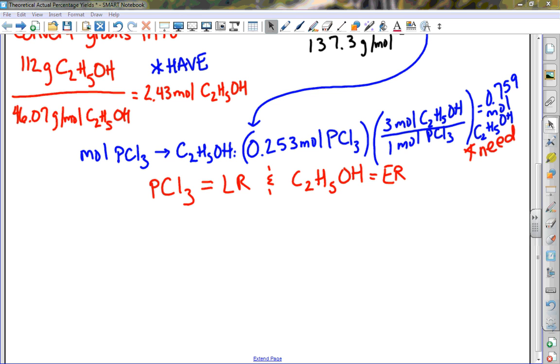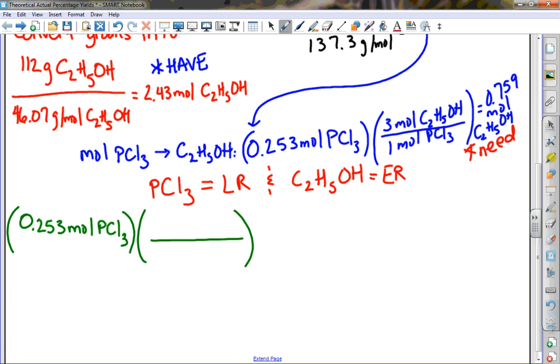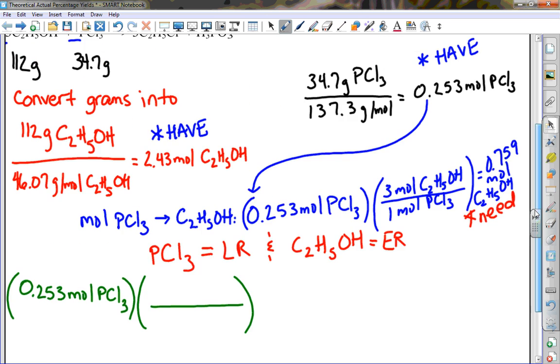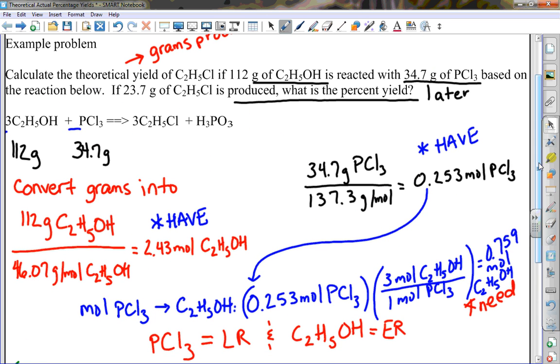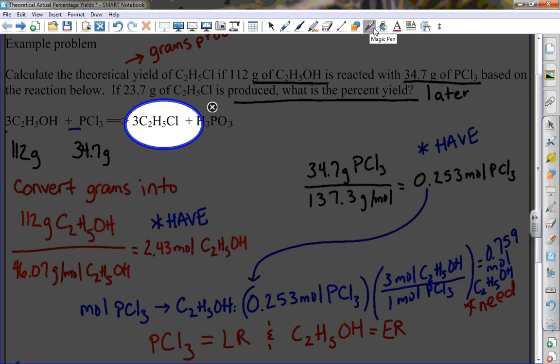Okay, so let's try to change it up here. We're going to take the moles of our limiting reactant, so our 0.253 moles of PCl3, and we're going to convert it into moles of the product. So let's go back and look at that equation. Here is the product that we're looking for, C2H5Cl.